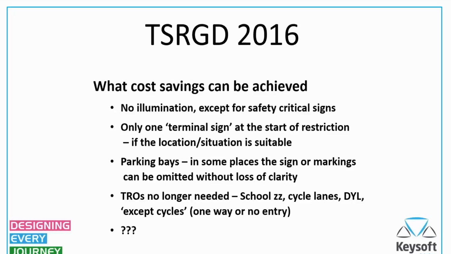So very good question. If you can allow me to take that offline and answer directly, we'll do our best to find where that is specifically, the relaxation for double yellow lines not needing TROs.